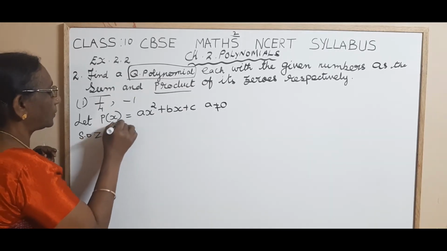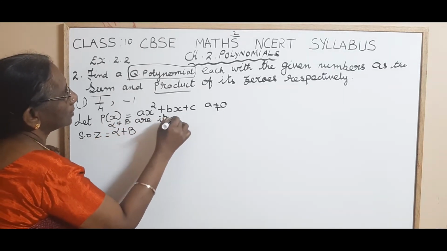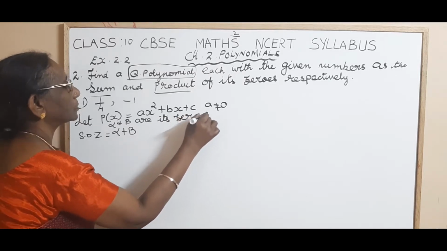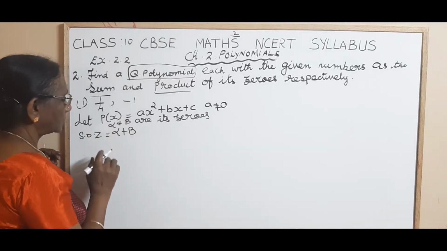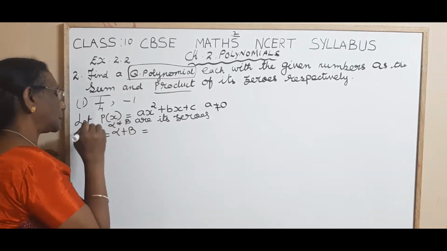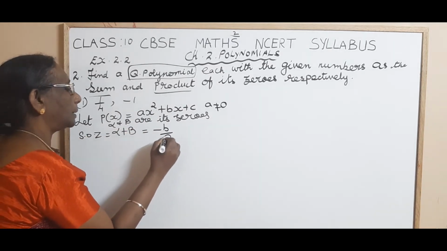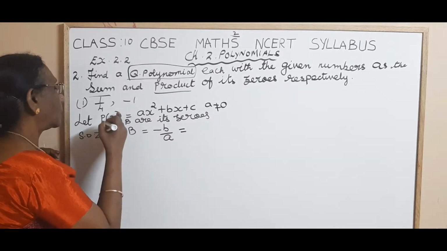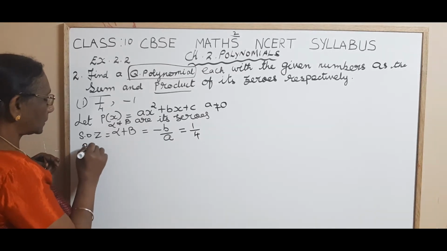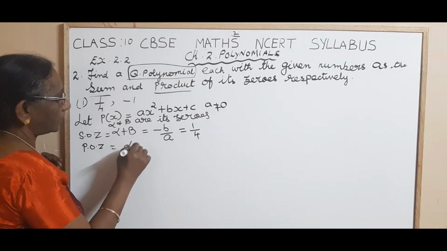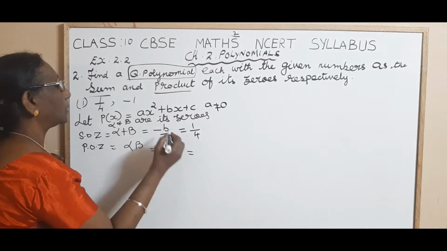And you can write alpha and beta as its zeros. So the sum of the zeros is alpha plus beta. It is given. And what is the relation between the sum of the zeros and the coefficients? Minus b by a. That is equal to what? 1 by 4. Next, product of zeros. That is alpha beta is equal to c by a. That is equal to minus 1.